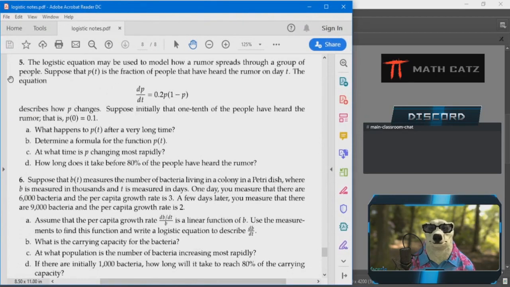So let's say here the logistic equation may be used, like we did for number 1, to model how a rumor spreads through a group of people.